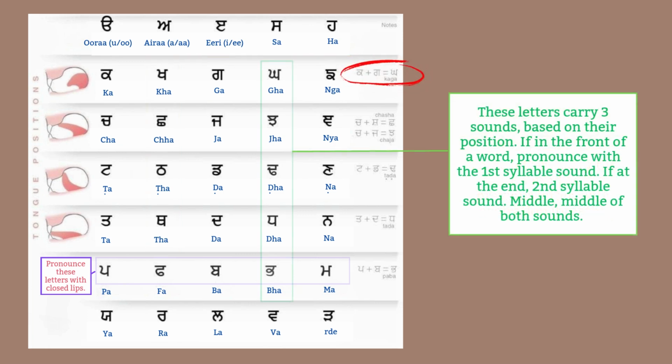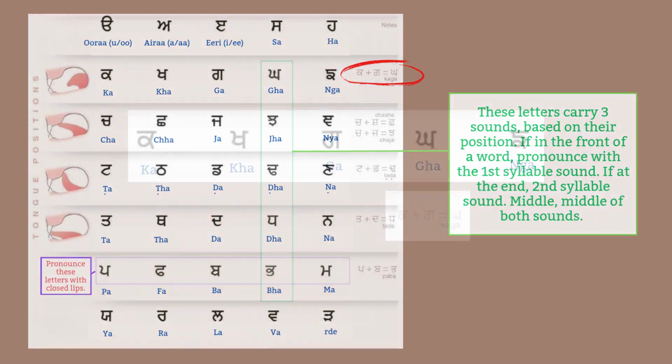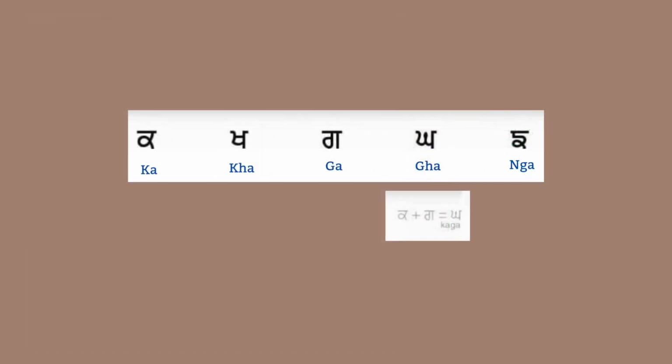Another rule to follow is from row number 2 to 6, the fourth alphabet is a combination of the first and the third letters. Let's take a look. At row number 2, Kakka Ka, Khakka Kha, Gagga Ga.